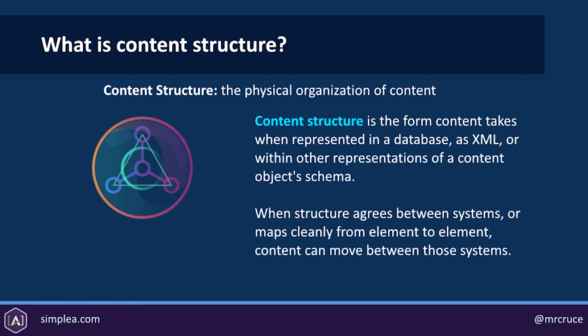When structure can agree between systems, or it maps from element to element, content can move between those systems. So structure, in many ways, is the study of the containers that we put our content into. That takes a sort of pure form in the model, and then it takes a very applied form in the different systems. We need to be able to work with the pure form.